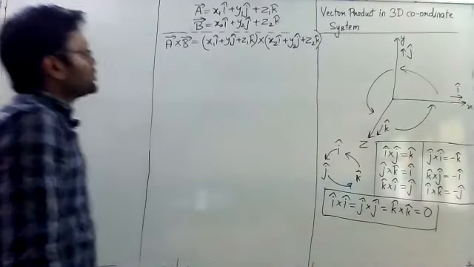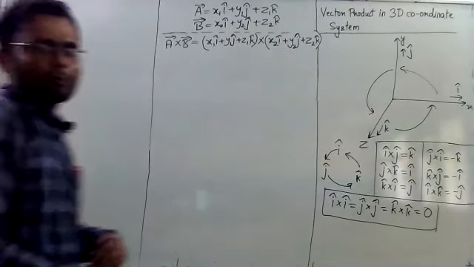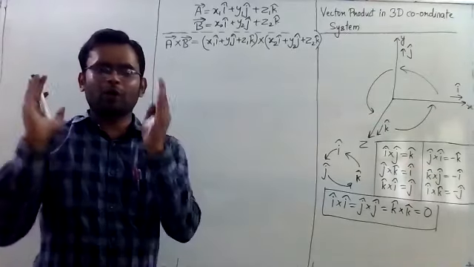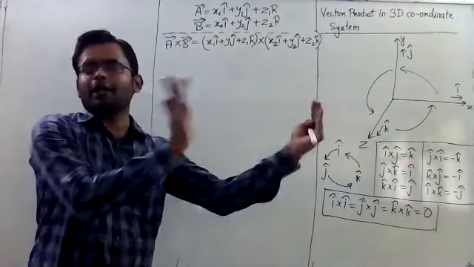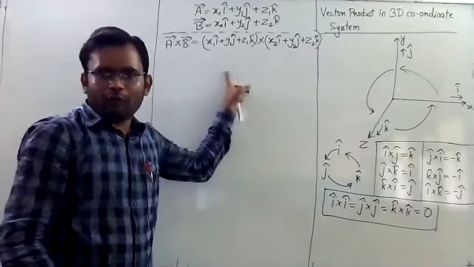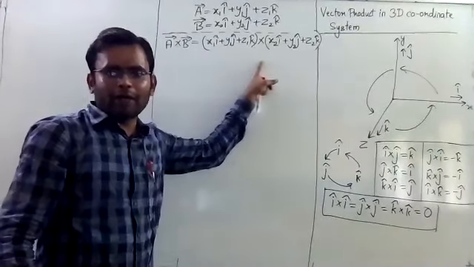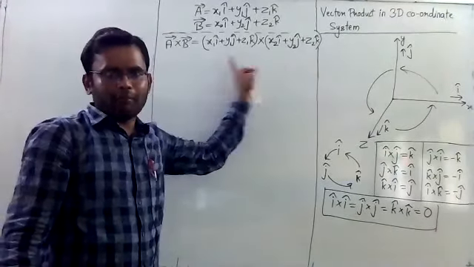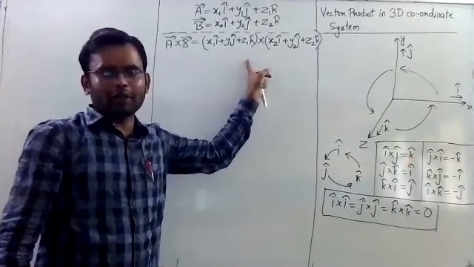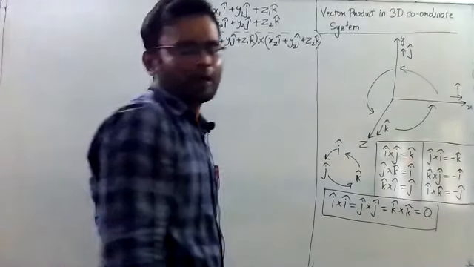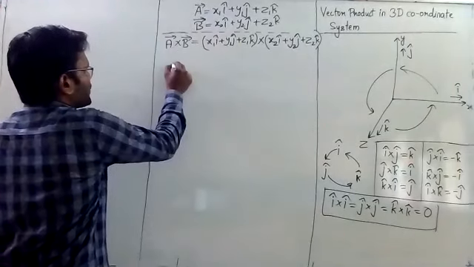So these are the two vectors I am having, and whenever we are multiplying one expression in a bracket by a second expression in a bracket, what we are doing? First term of the first expression multiplied with all three of the second, second term multiplied with all three, third term multiplied with all three. In this way we are doing, so here also we will be doing the same thing.